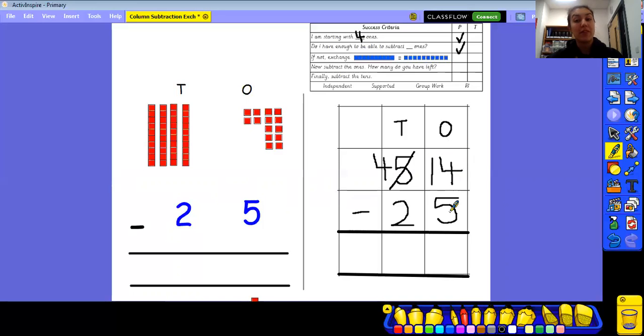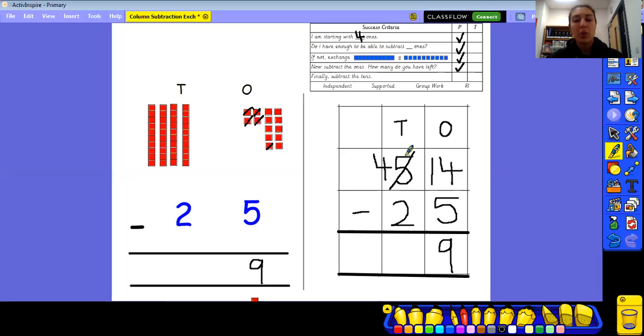Now 14 is much bigger than 5. So now that we've made our exchange, we finally have enough to be able to subtract 5. So let's do that. 1, 2, 3, 4, 5. And as you can see, that leaves us with 9 ones. So 14 subtract 5 equals 9 ones left. And when we've finally worked out how many ones are left, we can begin subtracting our tens.